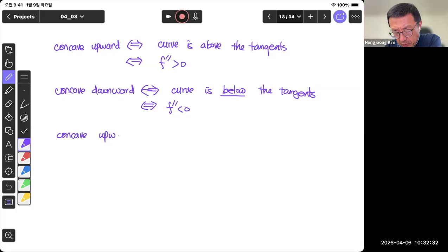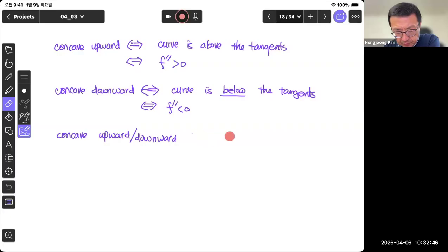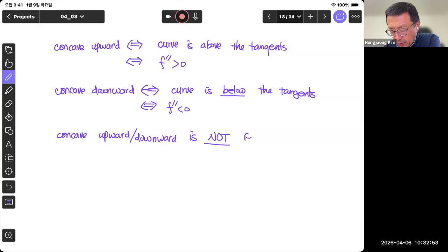Concave upward or downward is not related with increasing or decreasing.